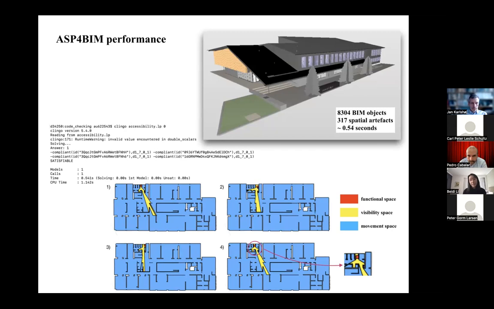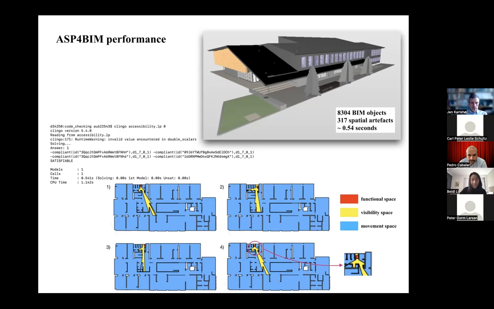ASP for BIM identifies 4 problem areas where the visibility space of bathroom objects overlaps with the movement space of people, and it does this in only half a second.